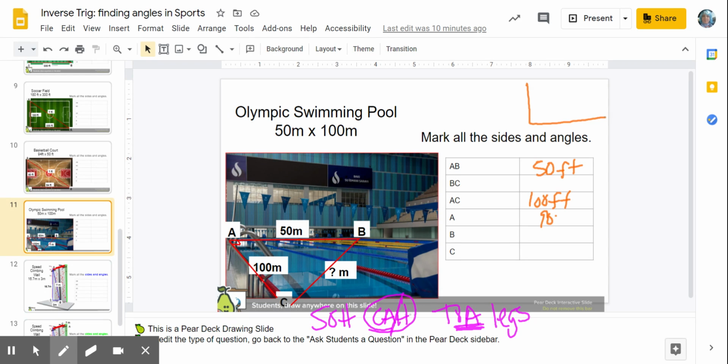So sometimes because this perspective is weird, I redraw it. I've got 50 and 100. A has the little square. So that question mark is the hypotenuse. That's the C. So how do I find the hypotenuse? 50 squared plus 100 squared.